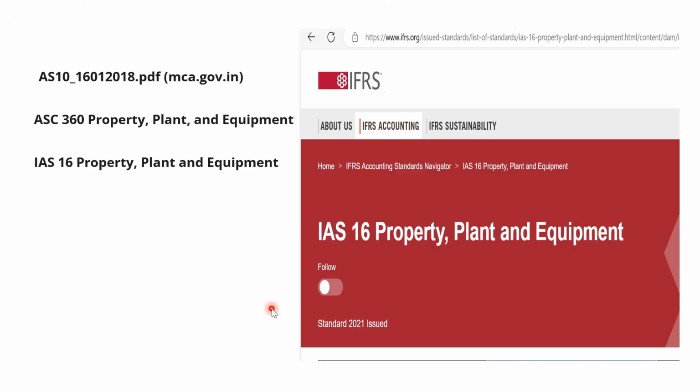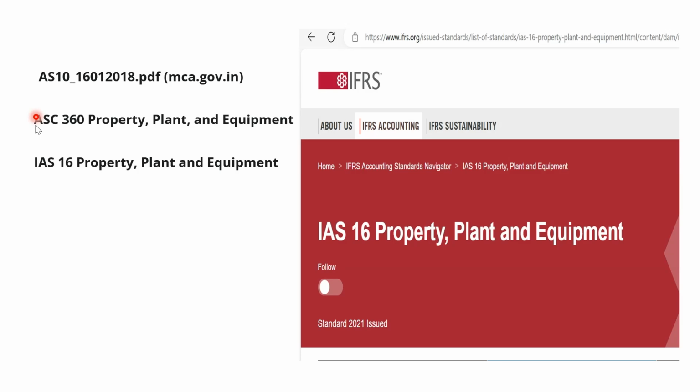To present the annual report, and to say that something is an asset of a company, you are supposed to follow the guidelines or the standard rules and regulations. If your company is following IFRS, you are supposed to follow IAS 16 for property, plant and equipment, and ASC 360 if it is US GAAP. But if your company follows Indian accounting standards, you have to follow AS 10.